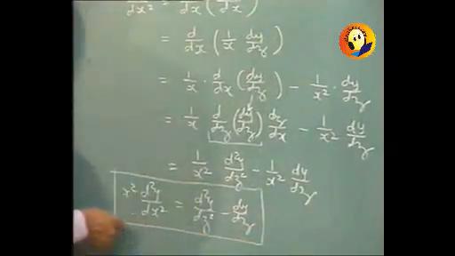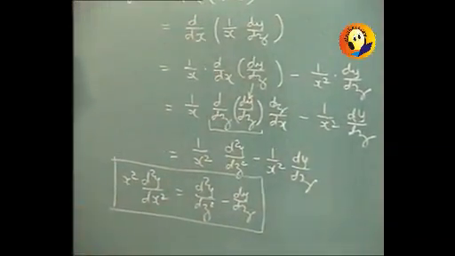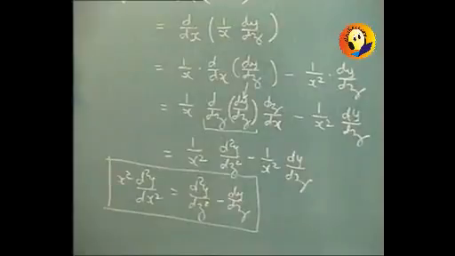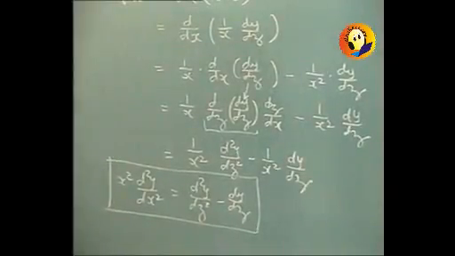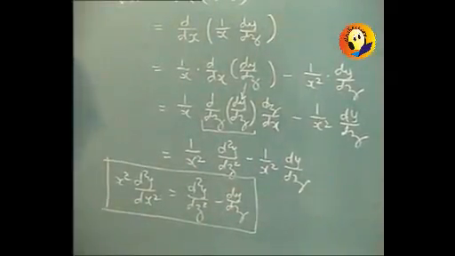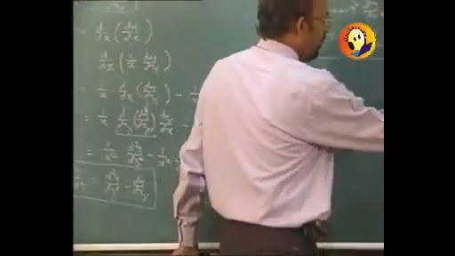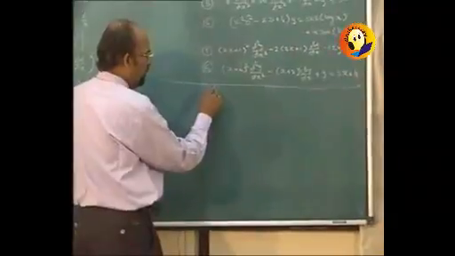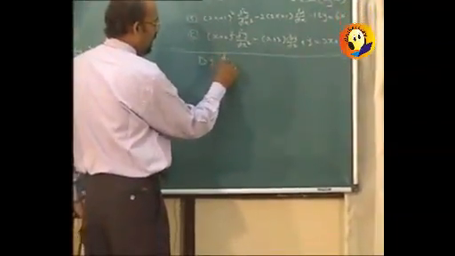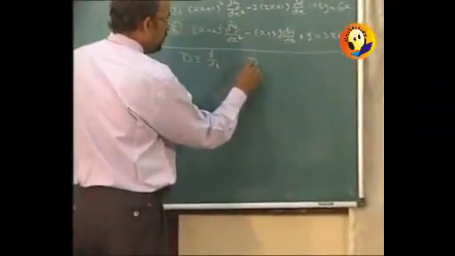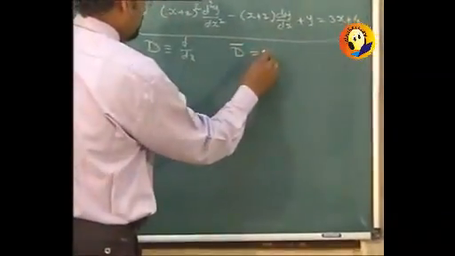So we are getting the substitutions for x dy by dx, x square d2y by dx square, and so on. Now temporarily we will declare a new operator. Like we have operator D representing d by dx, let us use something like D bar to represent d by dz.